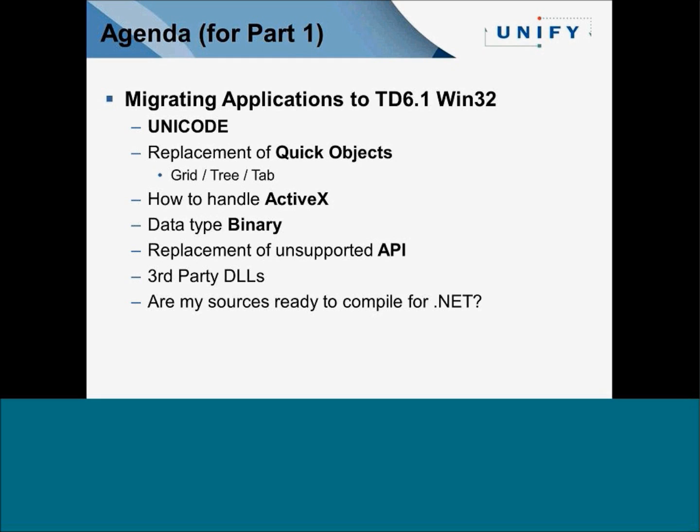We have to look into replacements of unsupported API functions inside Team Developer. We have to talk about third-party DLLs, which are used inside your applications, like Win API calls, or if you have some third-party DLLs. And of course, we have to talk, are my sources ready to compile for .NET? Because .NET is a little bit different to Win32, and a few things are not supported in the .NET framework, and you have to learn how to replace them.